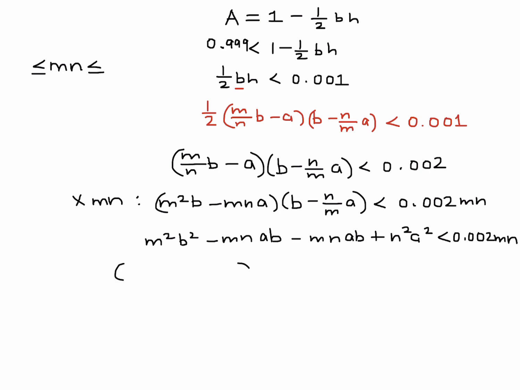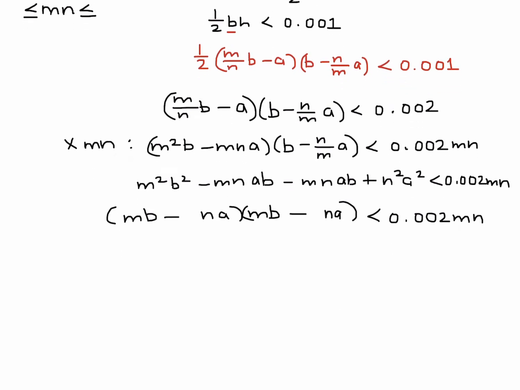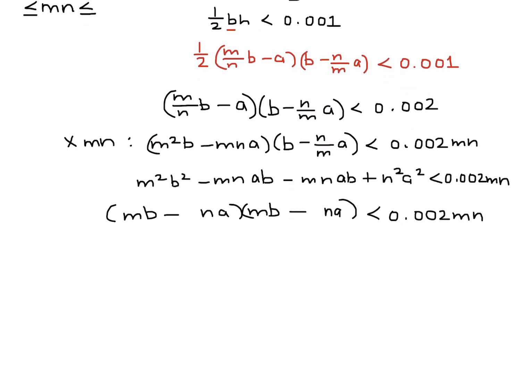Now this guy, obviously we have to factor, and it factors very nicely. mb, mb, and then na, na, like that. And minus, minus, I believe. Yeah, minus, minus. And that is less than 0.002 mn. Okay, so far so good. And then multiply through by 500.